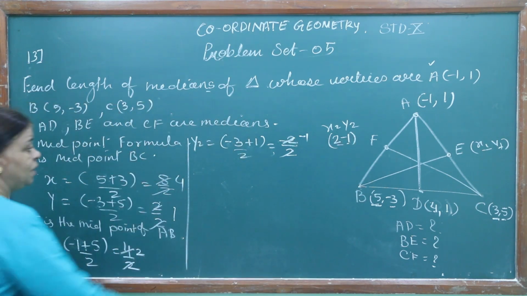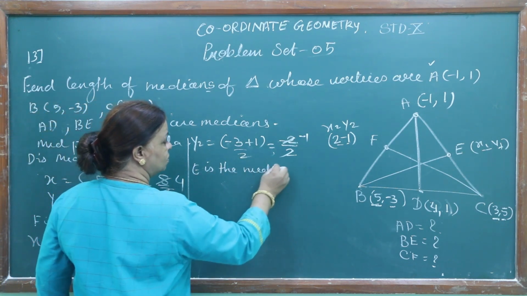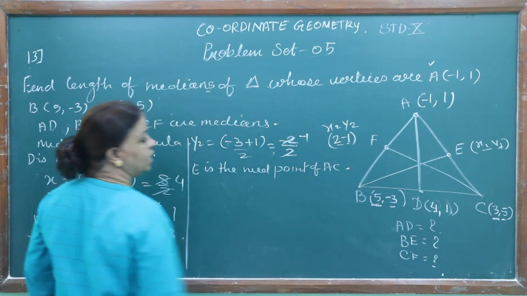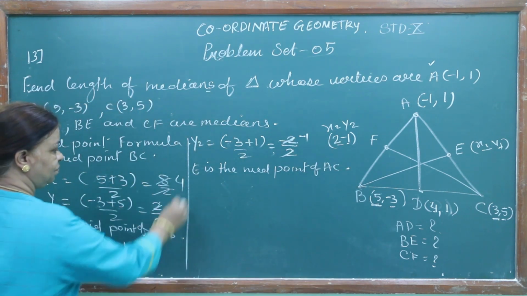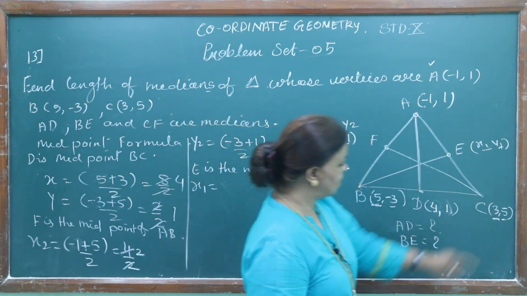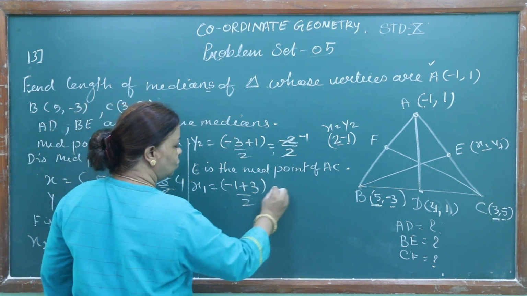Now see, E is the midpoint of AC. Therefore by midpoint formula, x1 will be equal to minus 1 plus 3 upon 2.